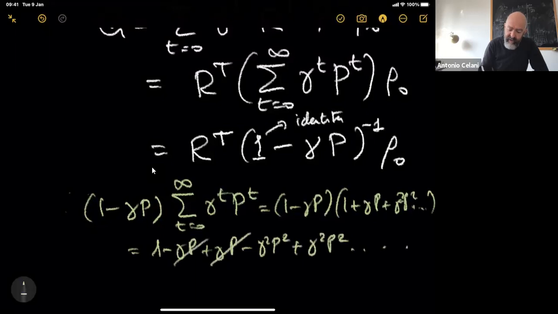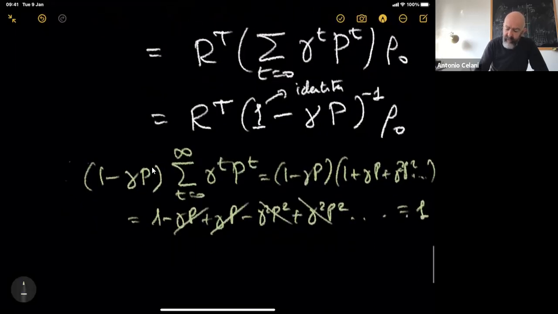And so you see that this cancels out, etc. So this gives 1, where 1 is again the identity matrix. And this is the usual trick you do for geometric sums of real numbers, but you can do that for matrices as well.